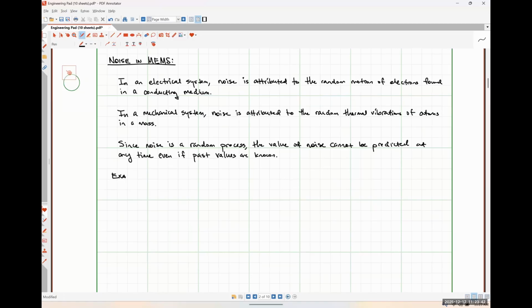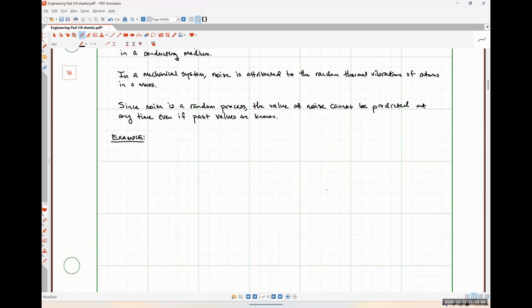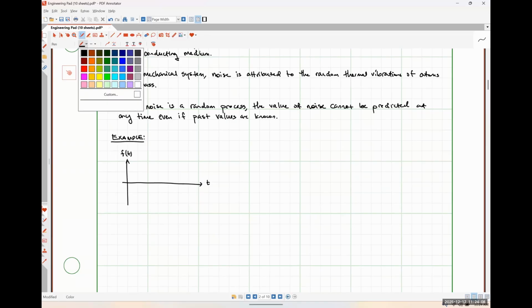So as a quick example, I'm going to attempt to draw two crappy graphs here. Our first will be a simple sinusoidal signal, where we have time on this axis and our waveform on this axis.